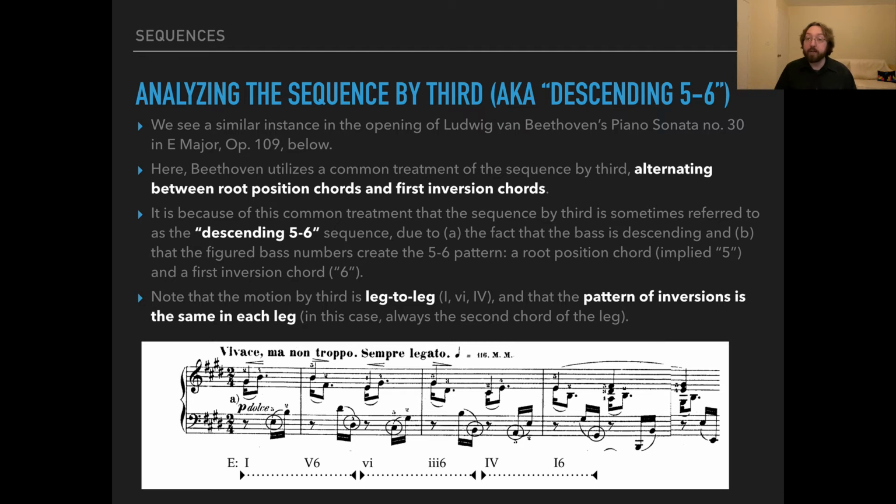Here, Beethoven utilizes a common treatment of the sequence by third, alternating between root position chords and first inversion chords. So first, let's notice that the motion from leg to leg is where we get that third motion, from 1 to 6 to 4, and then that third motion is connected by these first inversion chords, the 5-6, the 3-6, and the 1-6.